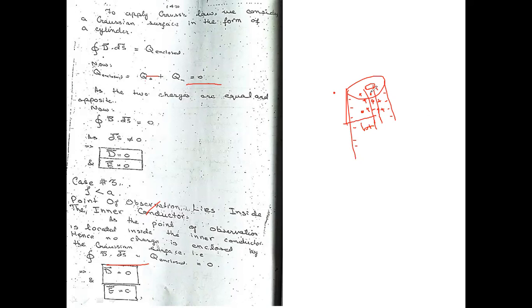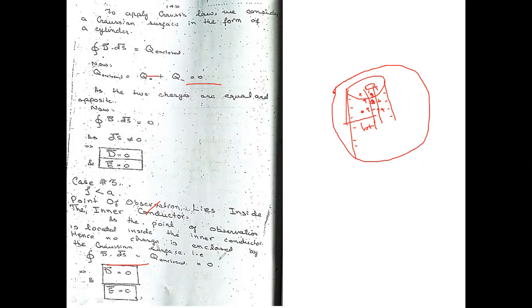If we consider a Gaussian surface around the point of observation, for example, somewhere like this, no charges will be enclosed around this point of observation or the test charge.